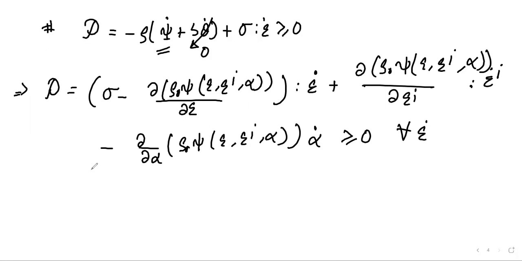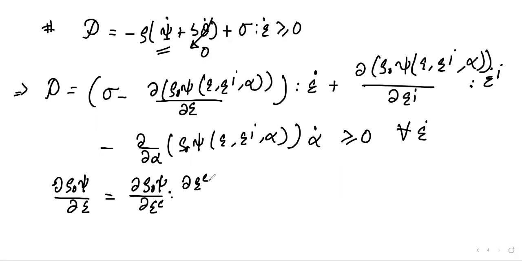Here we have to observe that del rho chi del E, we can write by chain rule, as del rho chi del epsilon E contracted with del epsilon E del epsilon. This expression gives a second order isotropic tensor, 1.